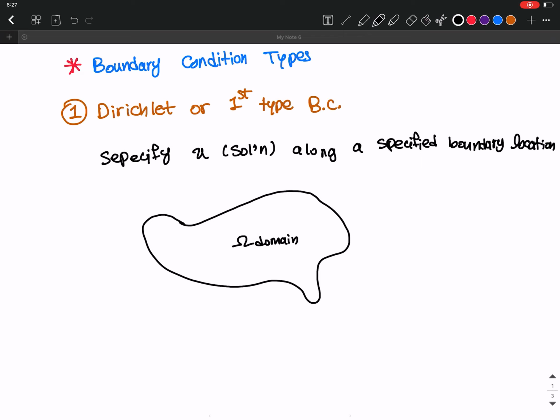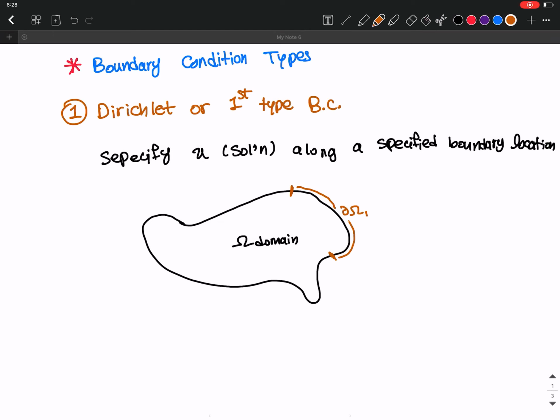You can specify the solutions in different parts of the domain. For example, the first part we can say up to here. This region, I'm going to say I have a boundary condition, partial gamma 1.